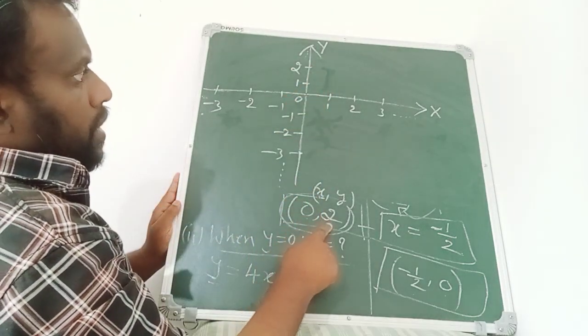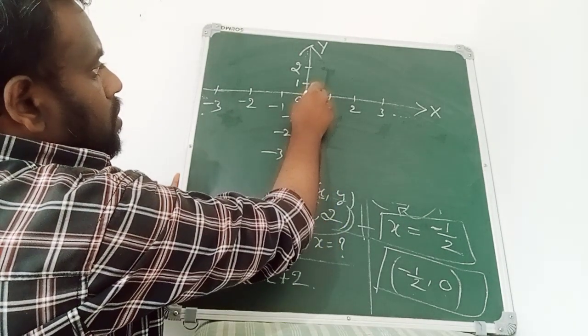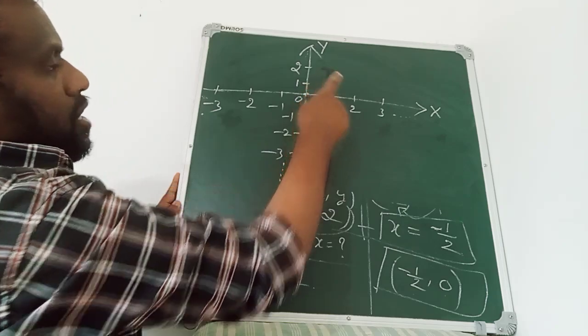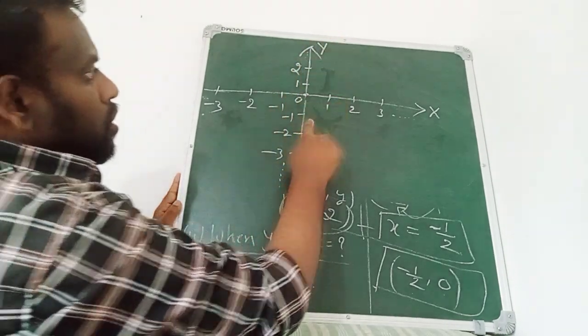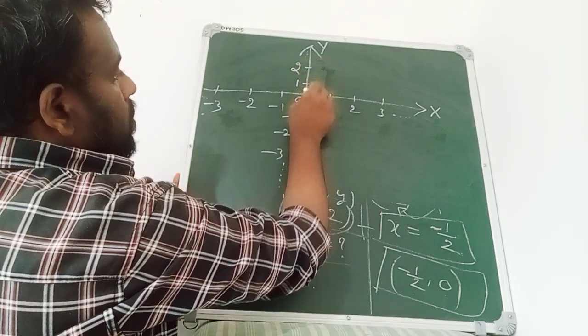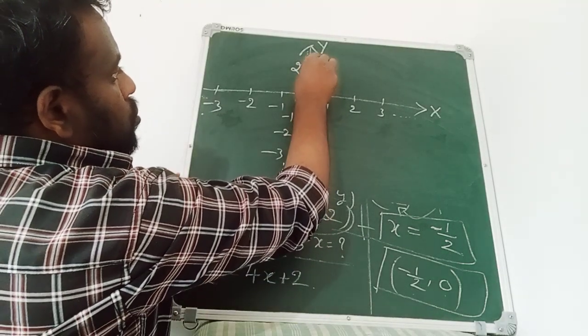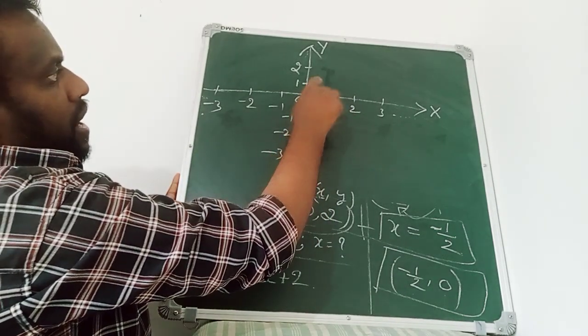Next, y is equal to 2. X is equal to 0 is here, y is equal to 2 is where? Here y is equal to 2. So from 0 to 2, from this 0, what is the y value here?